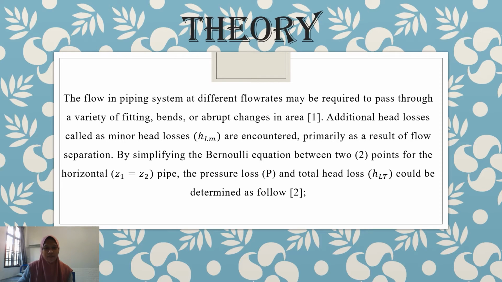By simplifying the Bernoulli equation between 2 points for the horizontal pipe, Z1 is equal to Z2. For the pressure loss, we use capital P, and the total head loss HLT could be determined as follows in our next equation.